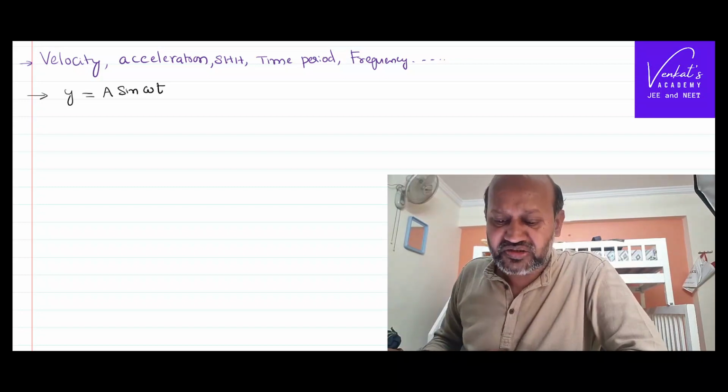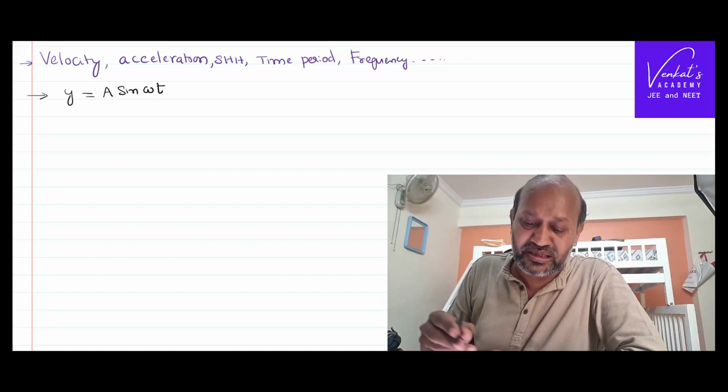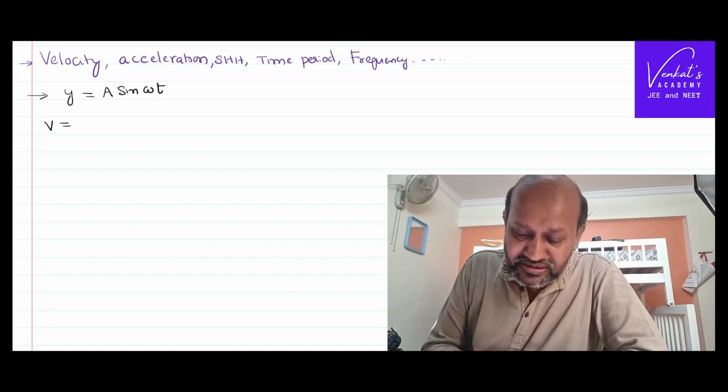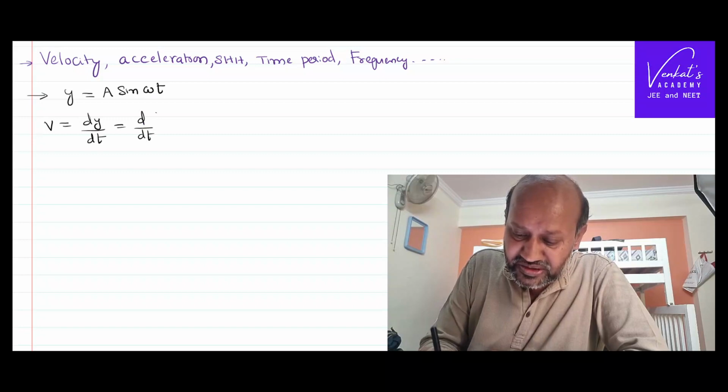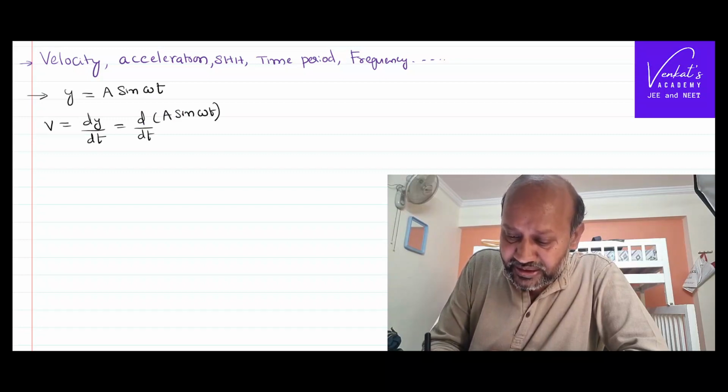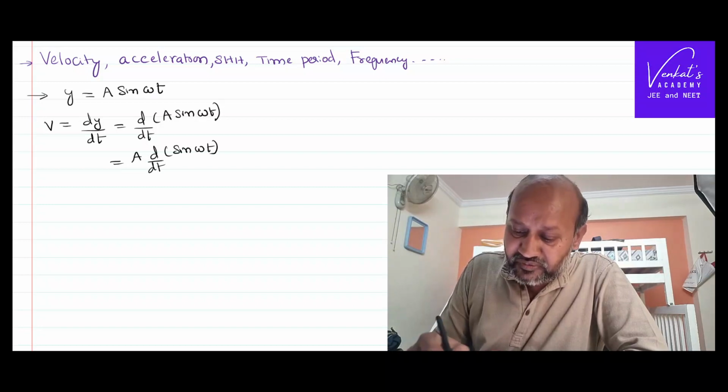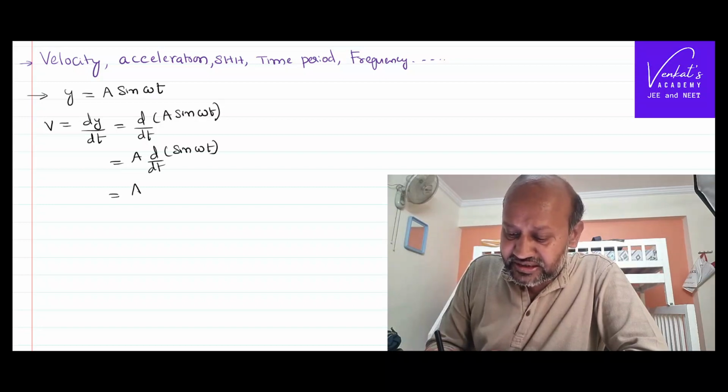Once you got displacement for the particle in simple harmonic motion, to get the velocity, we know velocity is rate of change of displacement. I just need to differentiate that equation, d by dt of displacement. Displacement we have found as a sine omega t. A is a constant that can be written out of the differentiation. We know differentiation of sine theta is cos theta.